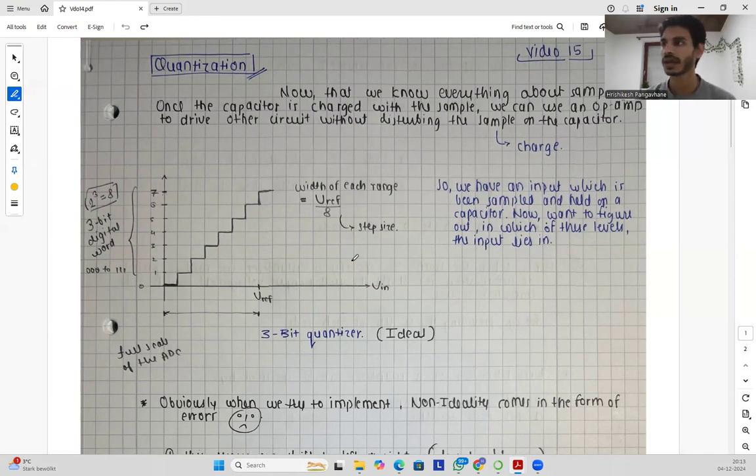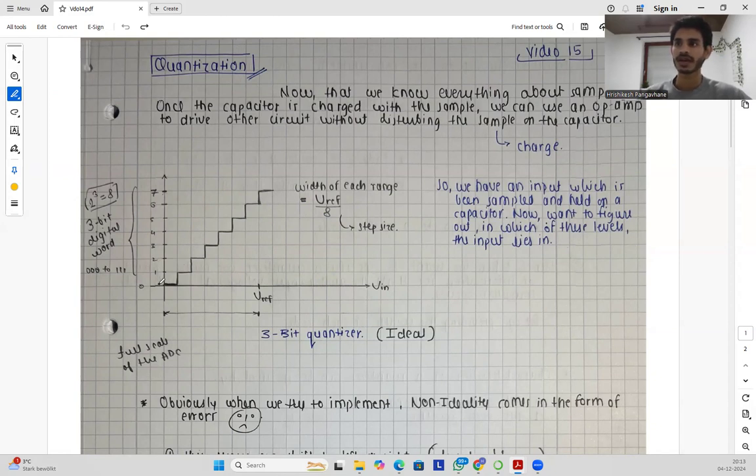We'll look into that circuit, but as of now, while quantization is considered, as we can see in this figure, quantization refers to stepping out the samples which we have gathered while sampling. Let's say for this example we are doing quantization with a 3-bit digital word.